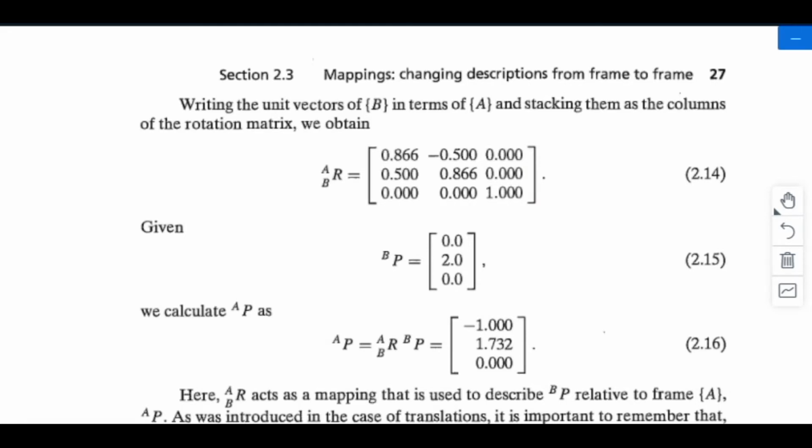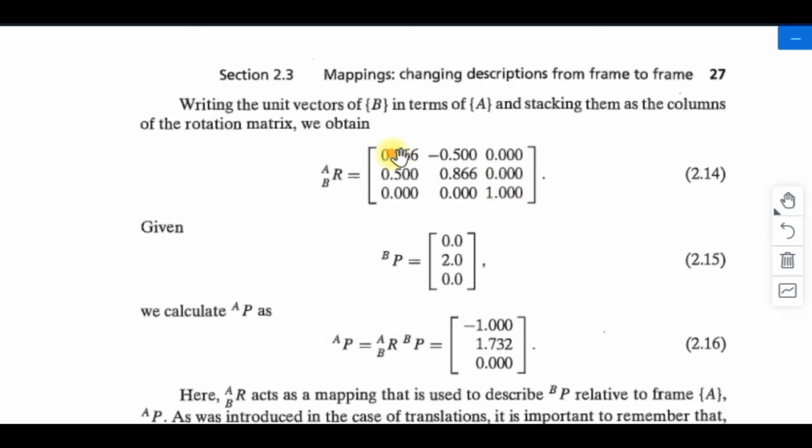So here we have to write B in terms of A. We have to calculate first the rotational matrix, and this matrix is basically R Z theta, that is cos theta, minus sin theta, cos theta, and since we rotate about Z, obviously these two values should be 0, these two values are 0, and this is 1.